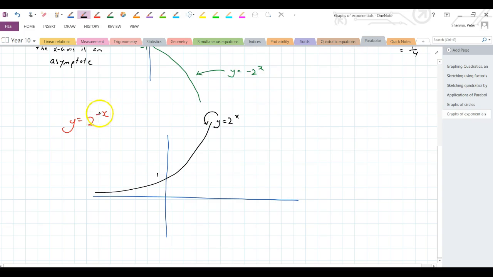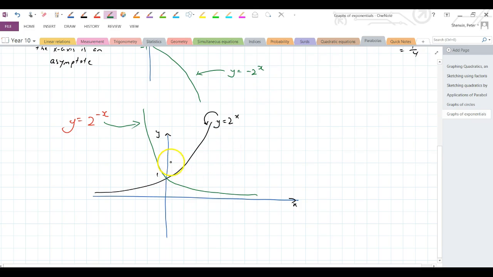When the minus gets inserted into the power, that reflects it over the y-axis. So when the minus comes down the front, it reflects in x. When the minus goes up into the power, it reflects in y. So this thing gets inverted here in y. So it comes down now like this. So it's back to front there, and that's y equals 2 to the power of minus x.